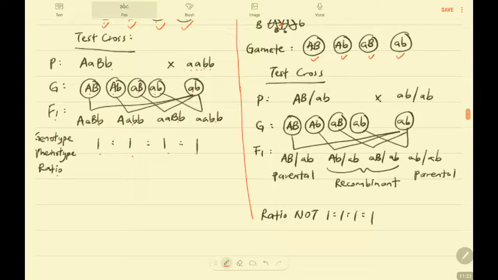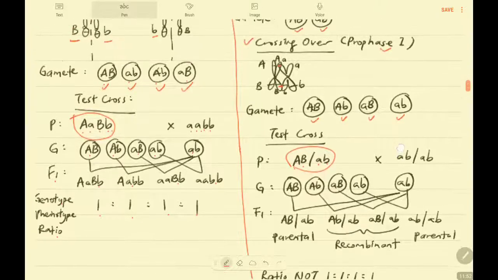Did you notice that the way I write the genotype is slightly different from the way I write it for dihybrid cross? We should write big A, big B / small a, small b, not big A, big B, small b. Why is it so?